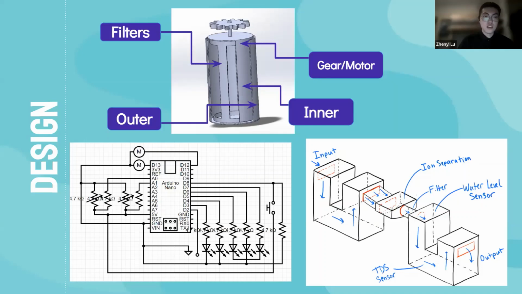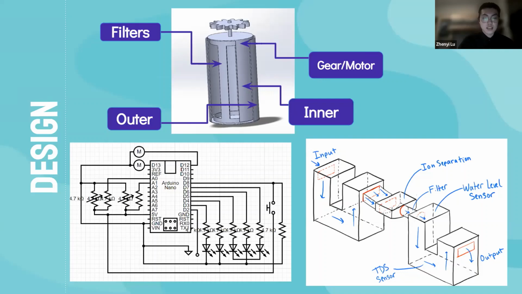So we use a TDS sensor to monitor the pollution level, and also use the filter and anode to remove the heavy metal from the polluted water. So in the circuit, there are two sensors, one RGB LED and two LEDs.